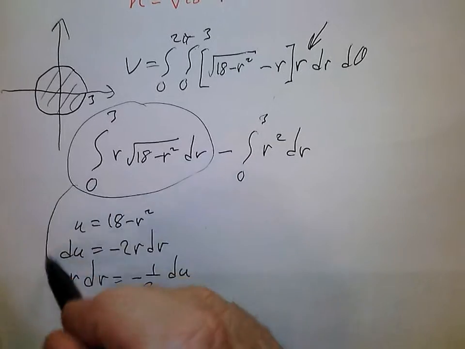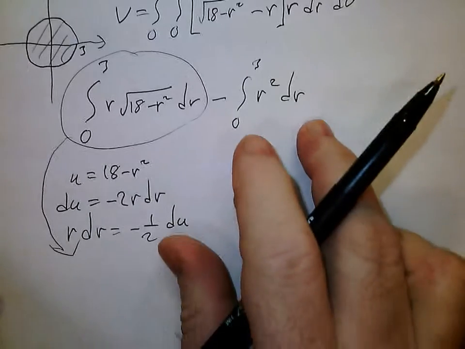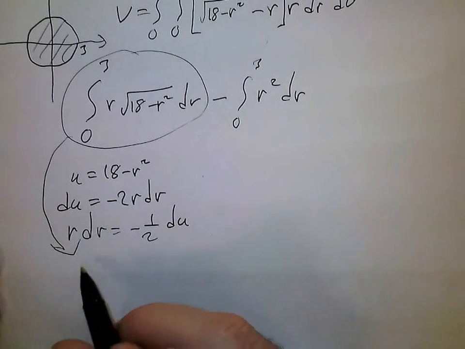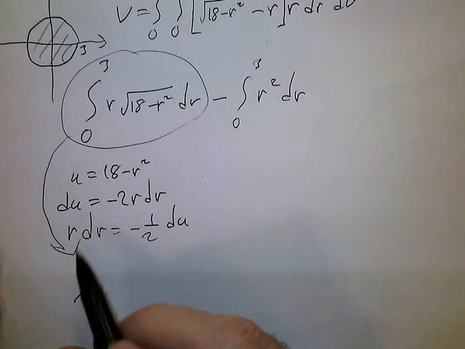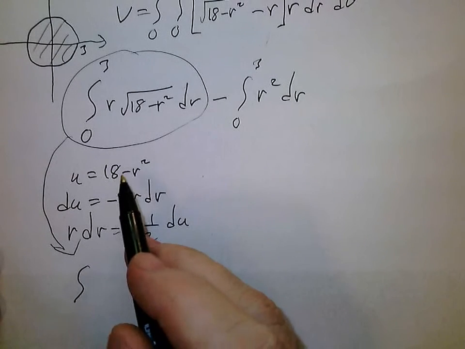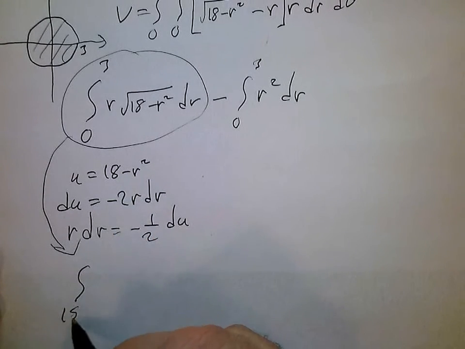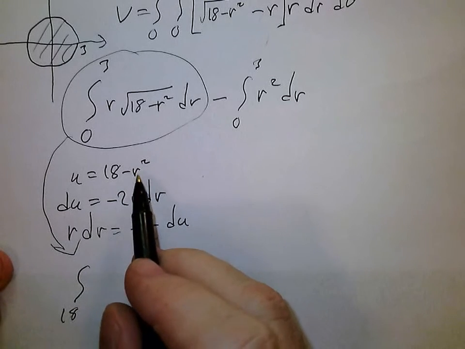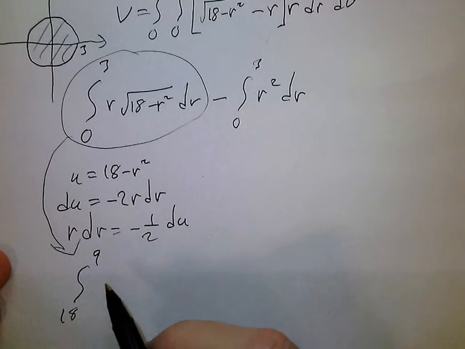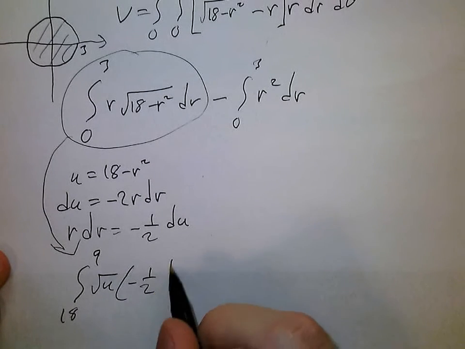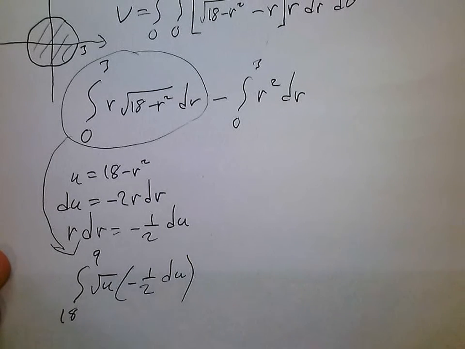So this integral here is going to give us what? We're going to have the integral from when r is 0, u is 18, and when r is 3, u is 9. And then I have square root of u, negative 1/2 du, right?